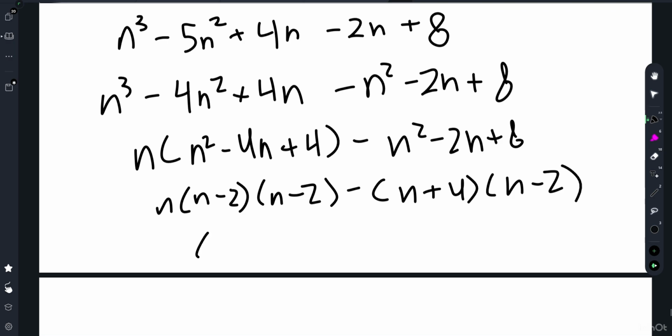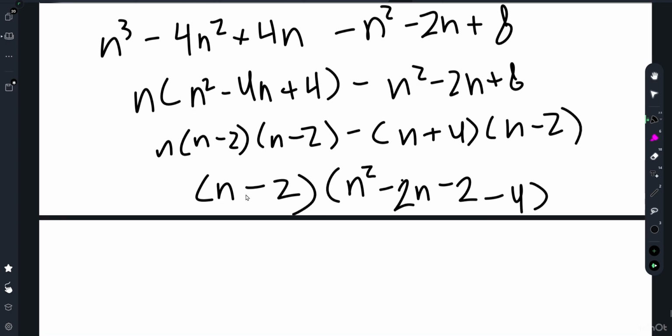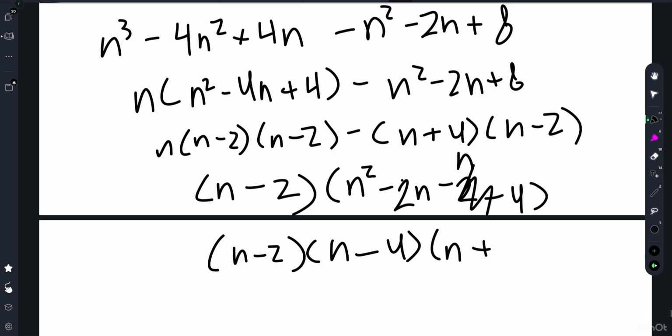So now if we combine it, we have n minus 2 times n squared minus 2n minus 2 minus 4, and we can factorize this out too. Oh, this is an n, by the way. And if we factor that out, we have n minus 2 times n minus 4 times n plus 1. And that's what we have on the top.